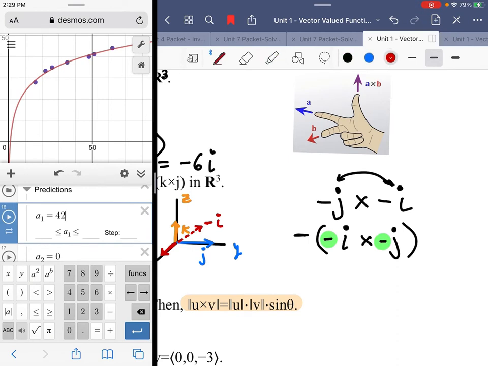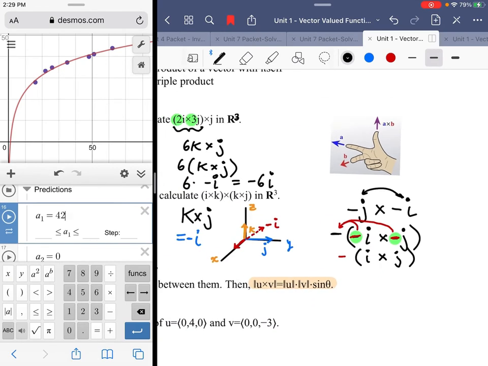So I would be pulling both of those out, giving me a negative that's already there and two additional negatives. So the result would still be negative. Then we'd have I cross J, which I think is a whole lot simpler to conceptualize.